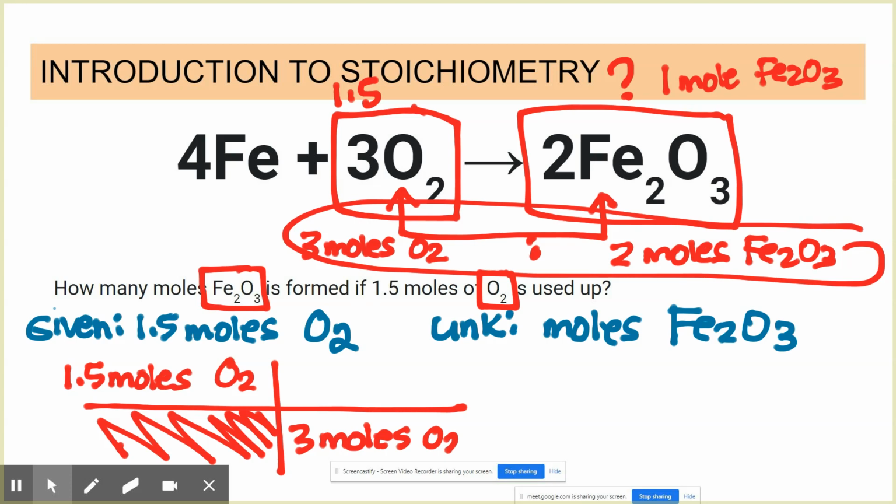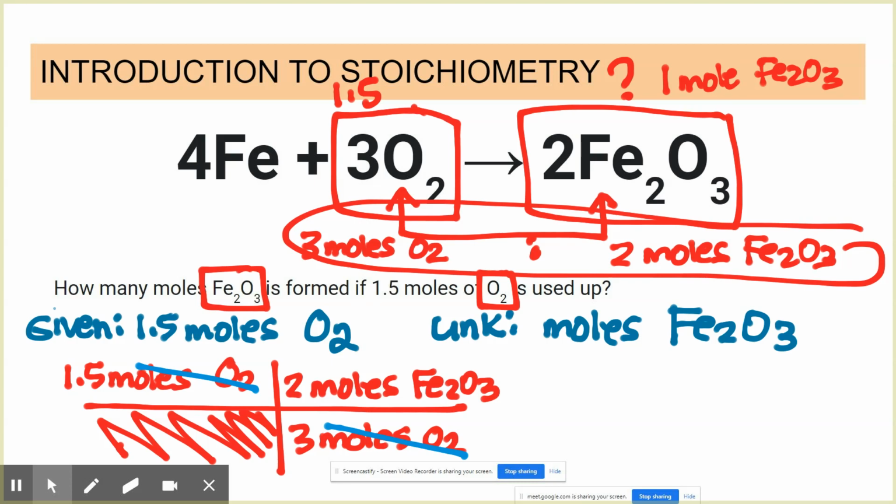Okay? And therefore, the 2 moles of Fe2O3 goes on the top. Look, let's solve this. Moles O2 will cancel out, right?